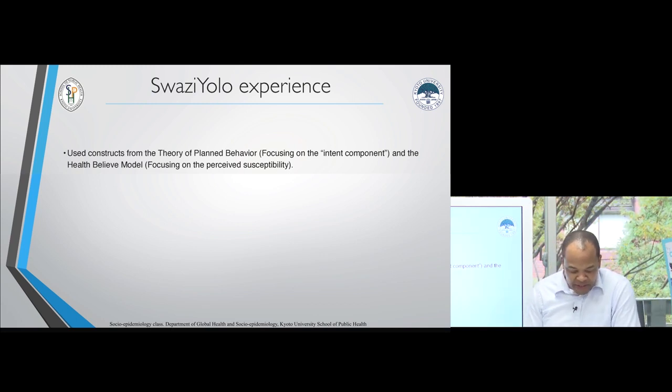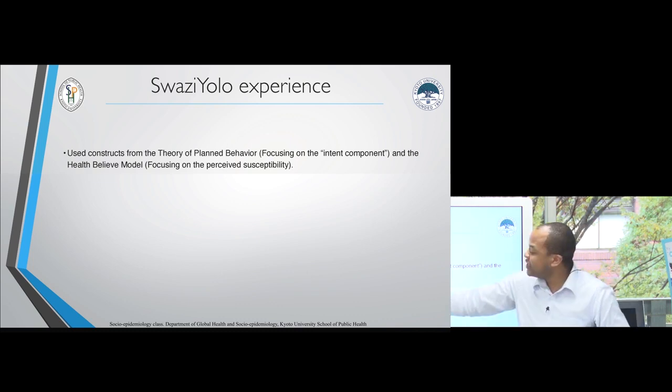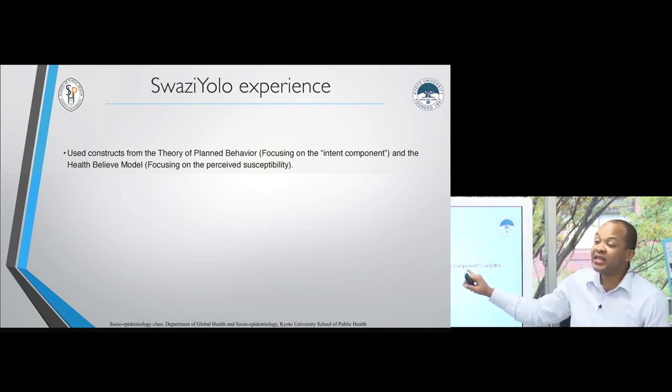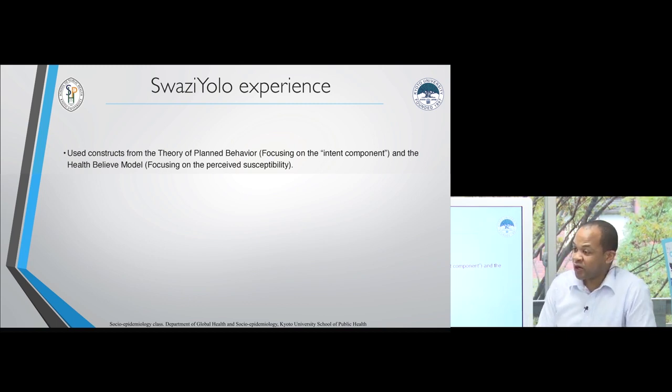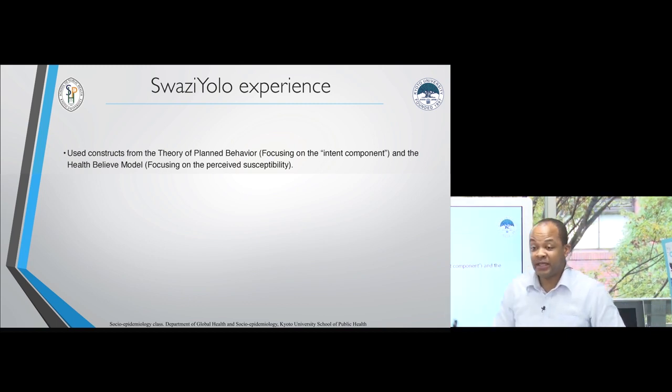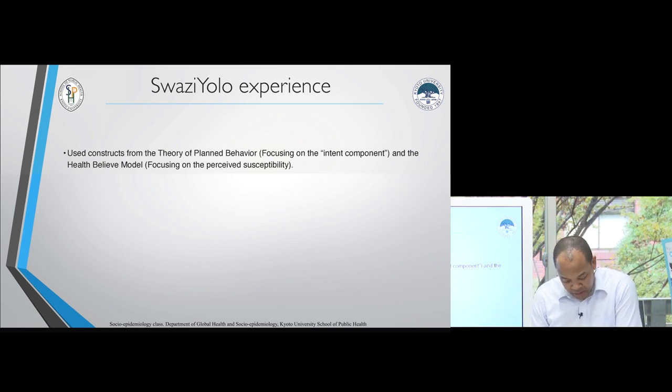So in Swazi-Yolo, we used the theory of planned behavior, specifically the intention component of that theory, and the health belief model, focusing on the perceived susceptibility in that model.